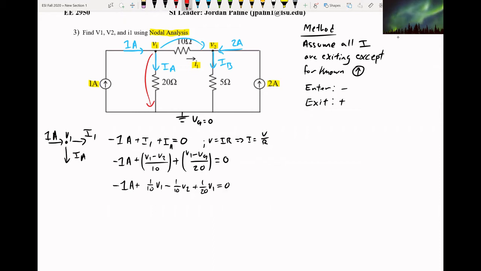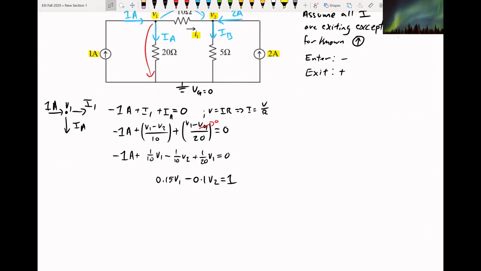Remember, V of G goes to 0. So combining like terms, we get 0.15 V of 1 minus 0.1 V of 2 is equal to 1.